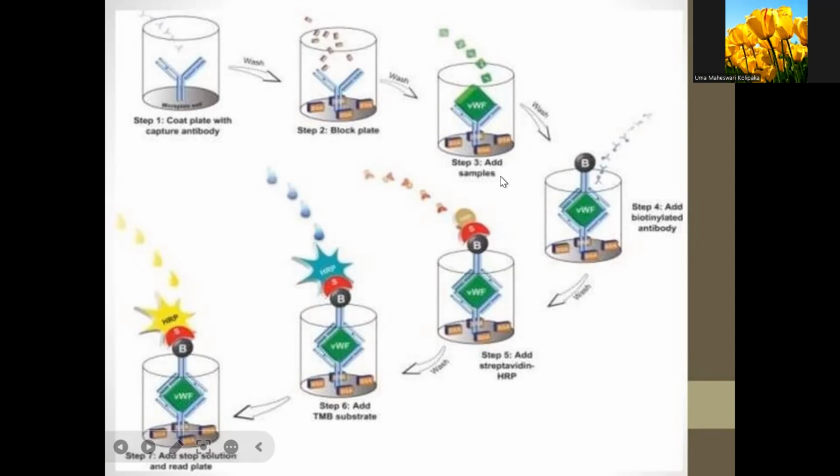Next, add the sample. Next, add the analyte, that is, the enzyme-linked secondary antibody. Then we add the substrate. Then the product will be produced and appear in a different color.